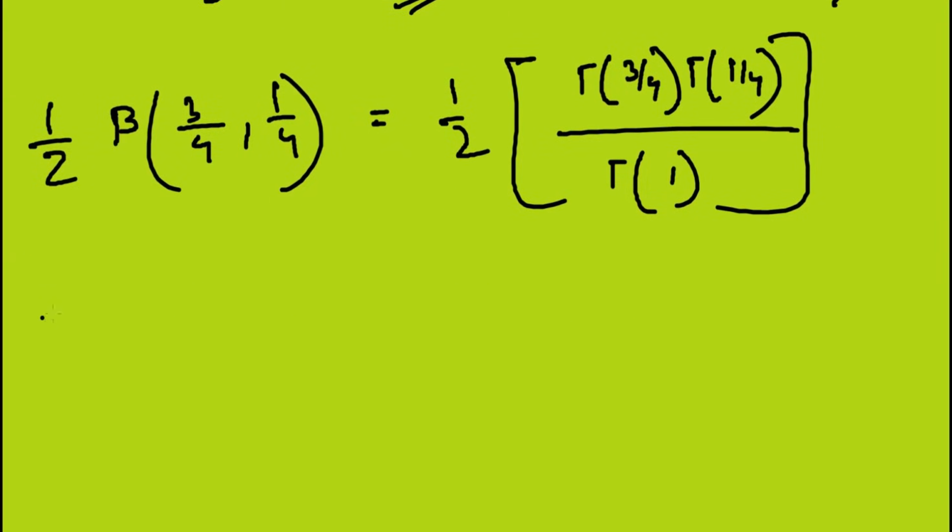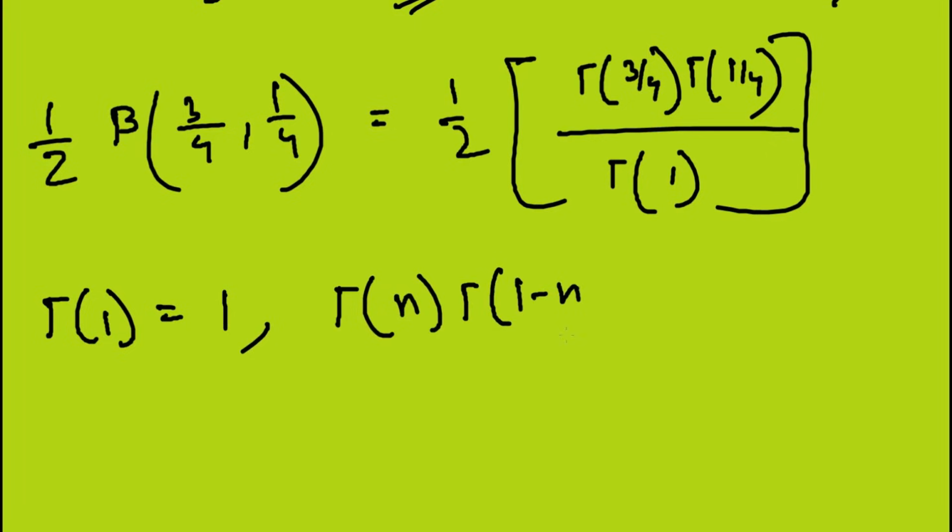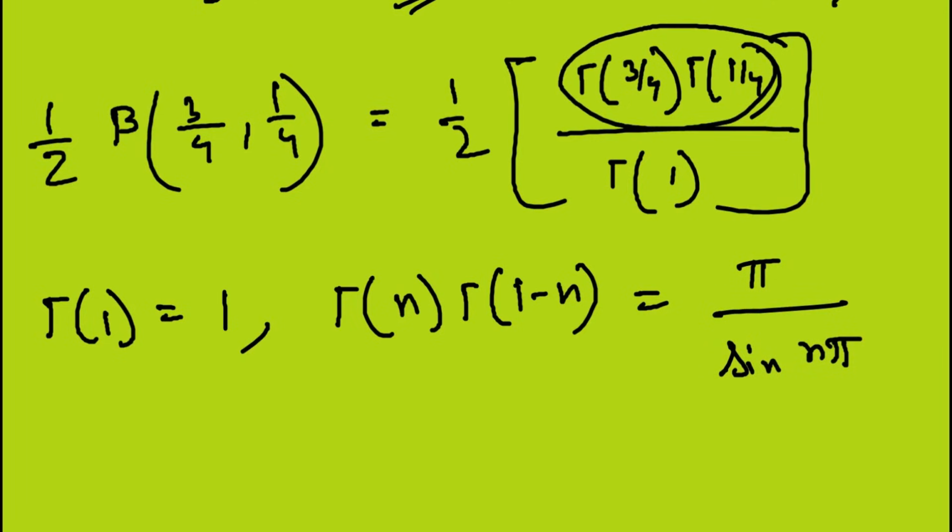Now if you remember, gamma 1 is simply 1. Another important thing: gamma n times gamma 1 minus n equals pi divided by sin n pi. We will try to put this in this form.